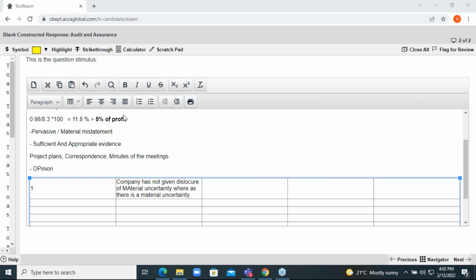Yes, Hamad, this could be a right answer, but this is not going to happen according to the data that is provided. Prasad is asking, can you repeat the question? The question is that there is a material uncertainty related to going concern and management has not disclosed it. What would be our opinion?